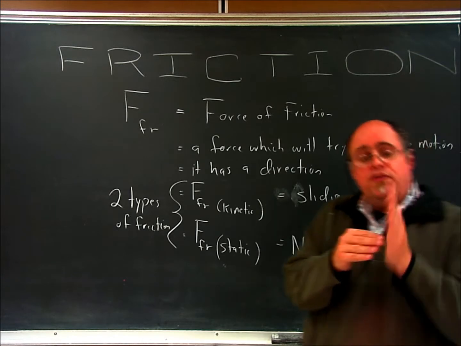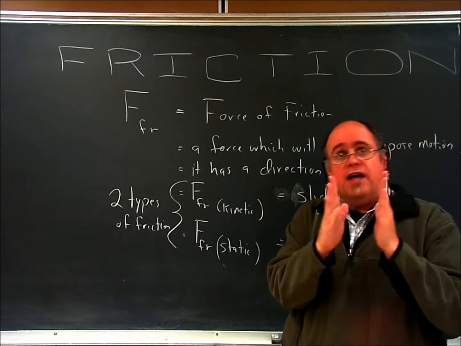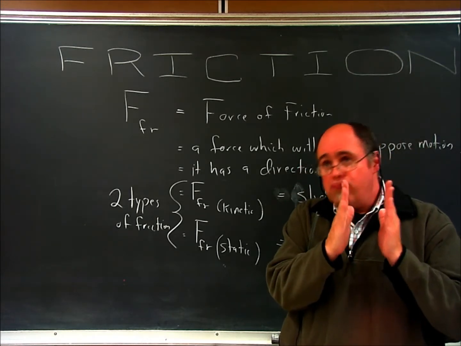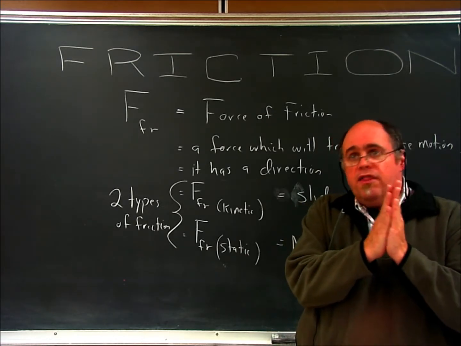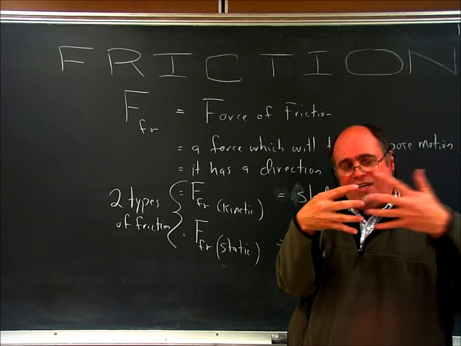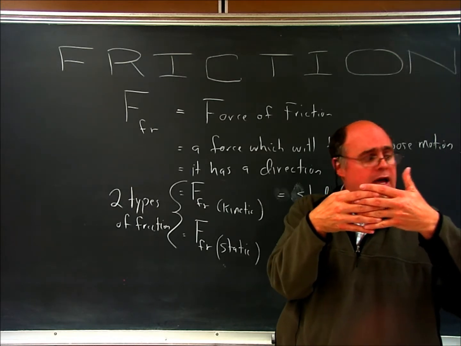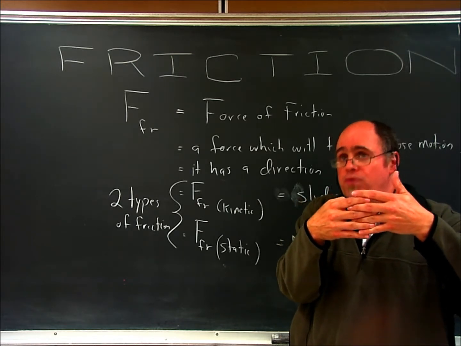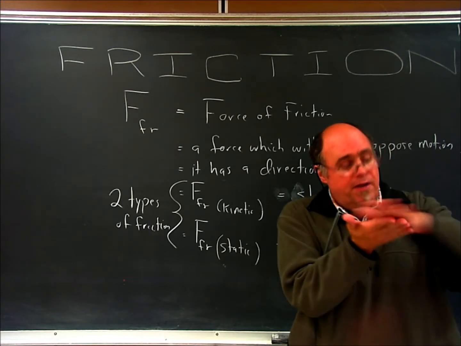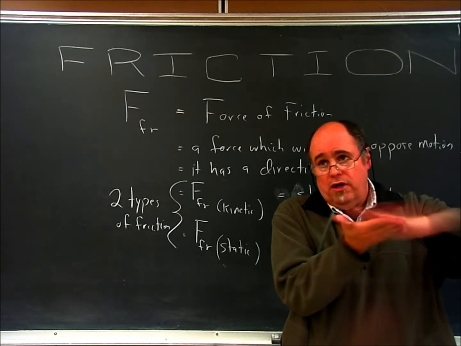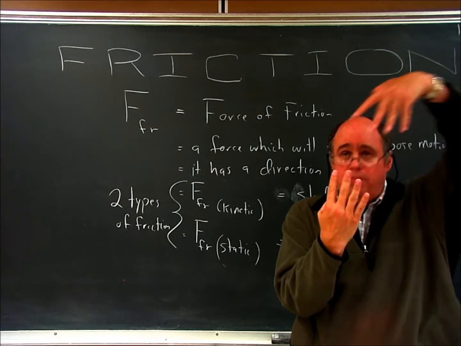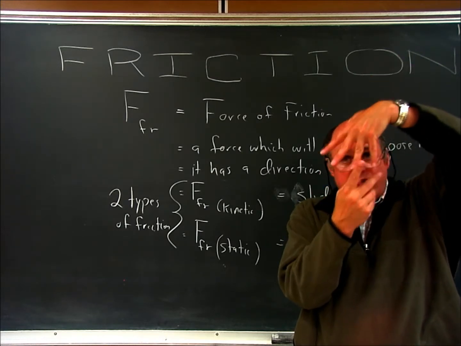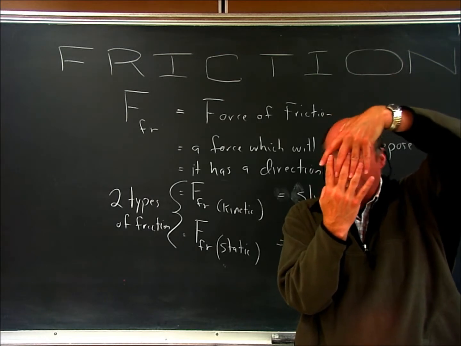When you put them together, those nooks and crannies interlock with each other. For instance, if I'm rubbing my hands this way, this would be the bottom surface of my hand on the microscopic level, and this would be the other surface. When I put them together, they interlock.